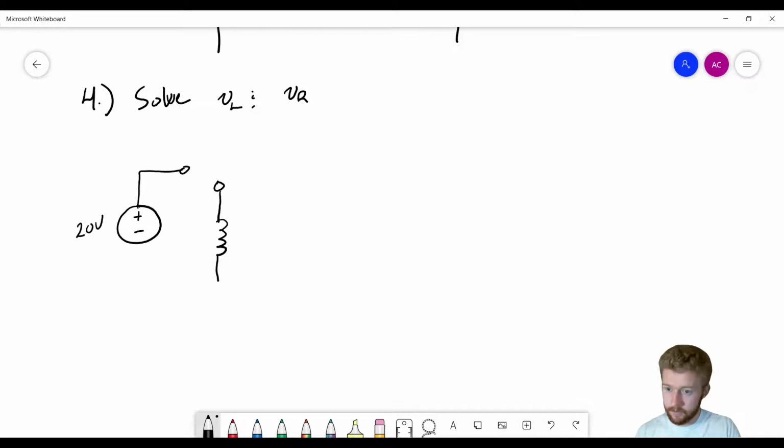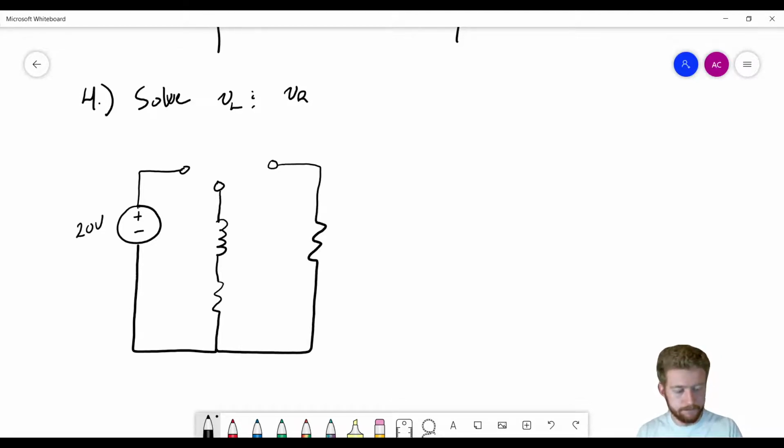Okay, let me get this drawn. A resistor and an inductor in series. And then over here, we're going to have just a resistor. So initially that switch is closed here, and it's going to flip at t equals 0. All right, and we're trying to solve for this voltage across the inductor and this voltage across the resistor.